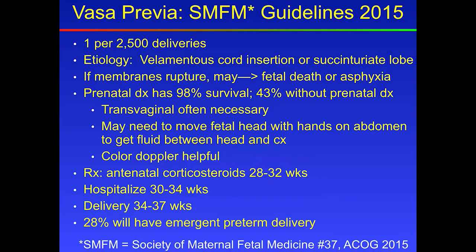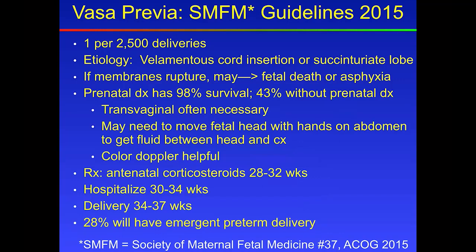Now, the Society for Maternal-Fetal Medicine has guidelines for vasa previa. They occur about 1 per 2,500 deliveries. And they're either from a case like this one, a filamentous cord covering the cervix, or from a succenturiate lobe with 2 parts of the placenta and a fetal vessel crossing between them that goes over the cervix or within 2 centimeters of the cervix.